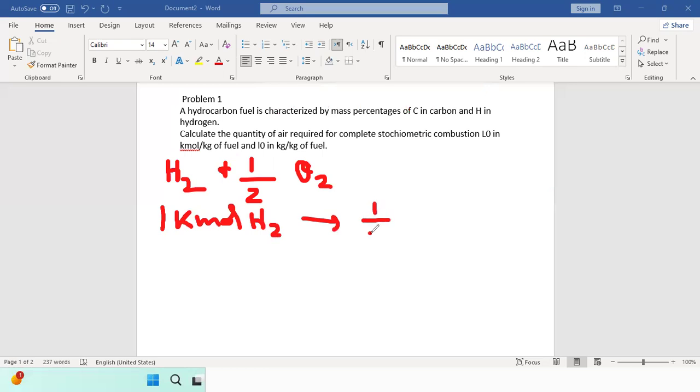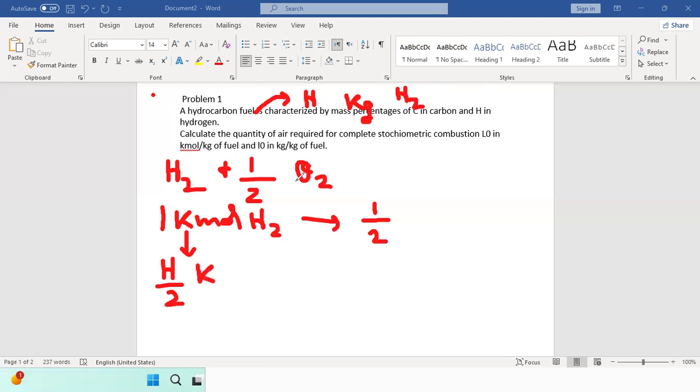And now we have seen together that in this fuel we have H kilogram. So we have H kilogram of H2. And we know that the molar mass of H2 is 2. Okay? So if we have H kilogram of H2, this will correspond to H over 2 kilomole. So we have H over 2 kilomole of H2 in our fuel.